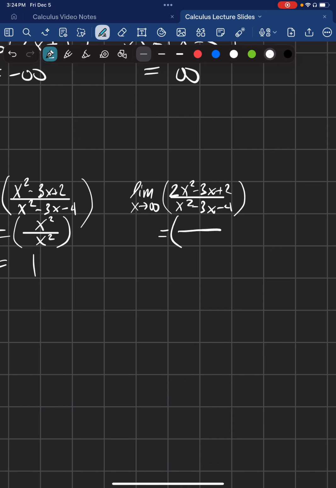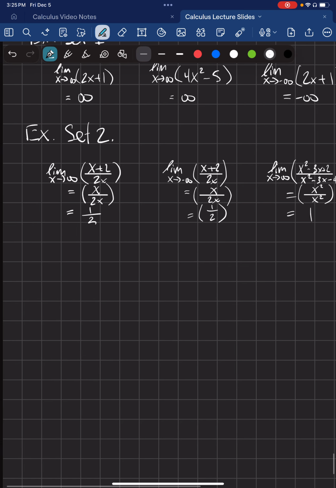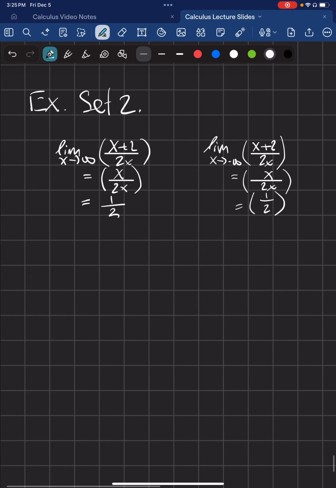Those are the highest degree parts of the function you want to be analyzing here, right? So it'll be our 2x squared over x squared. You can cancel out those x squareds, right? So then it comes down to how big is the coefficient, right? In this case, the coefficient was 2. So once you cancel out these x squareds here and here, you just end up with 2, right?